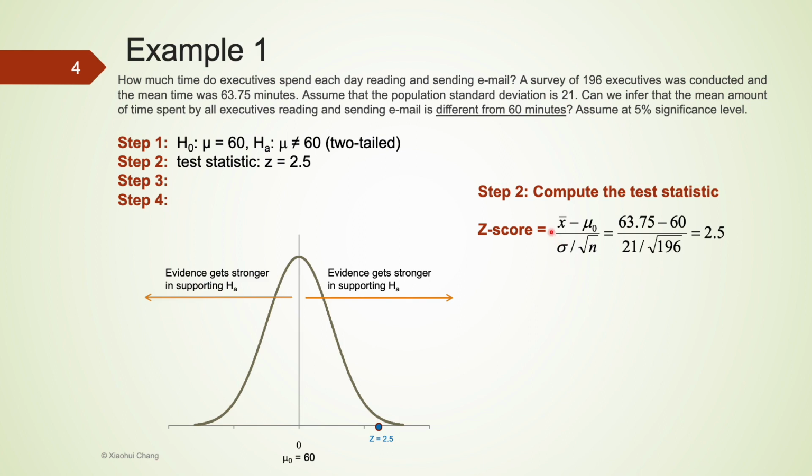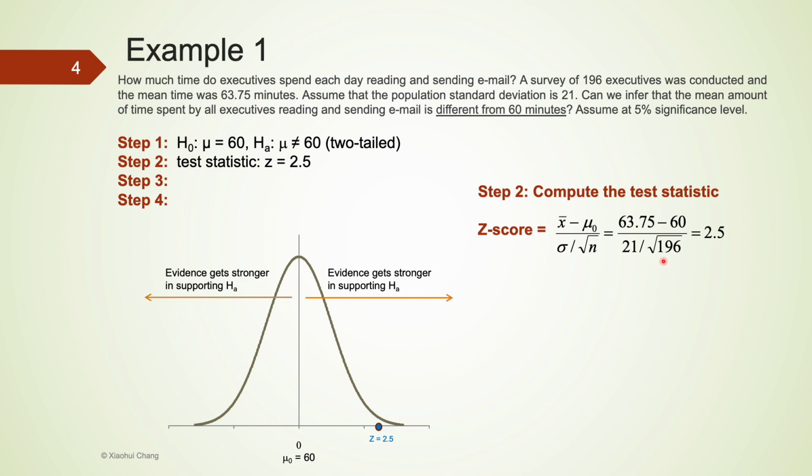For example, x bar is the sample average from your data of 196 executives, and the average is 63.75, so we put it here. And mu 0 is the number that occurred in the statements. So that is 60, so we put 60 here and divide by the square root of n. Sample size is 196, so the square root of 196.